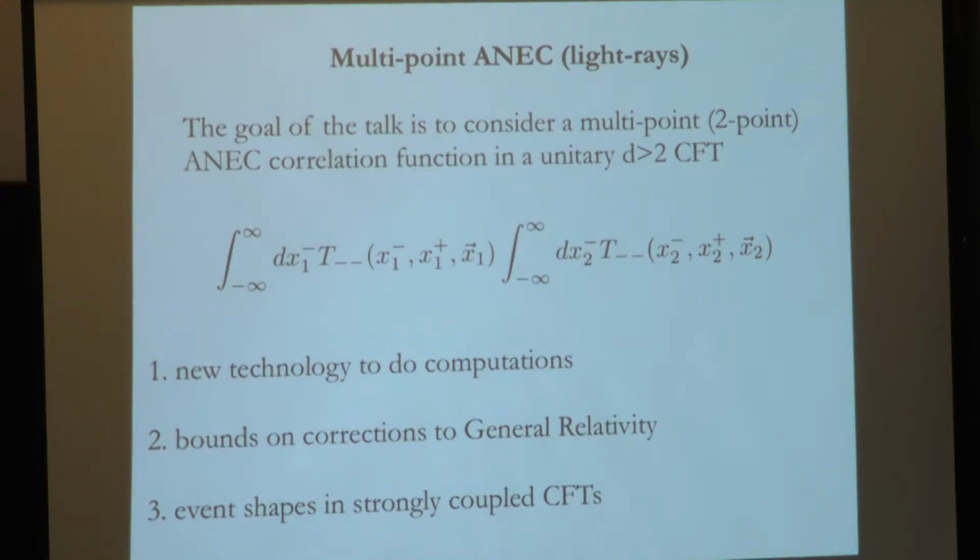So instead of propagating through a single shock, the probe particle will be propagating through a pair of shocks. And the goal would be, well, one goal you might not care too much about, is to develop new computations with light ray operators in some strongly coupled theories. More practical goals are to derive bounds on corrections to GR, or to study event shapes in strongly coupled CFTs. So that's the goal. You can claim that the GR consideration is as strong as purely CFT.